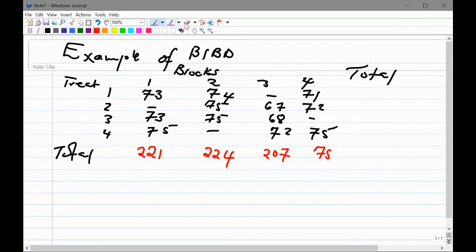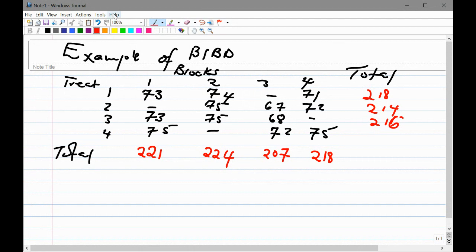Sorry, this is wrong. 218. And for the rows, 218, 214, 216.